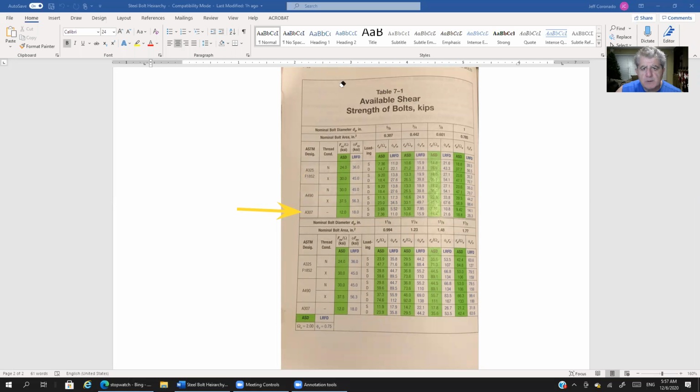Now notice how there's kind of a slight inversion here between A325 bolts and A490 bolts.